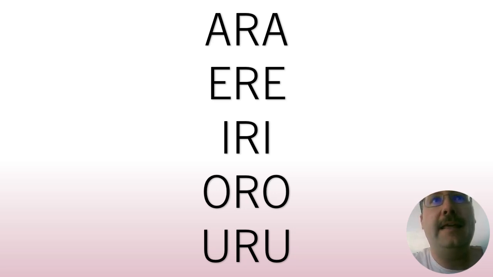Ara, ere, iri, oro, uru. So you still flip your tongue and touch the top of your palate. If you want to be a perfectionist like me, it's good to try to pronounce this letter the way it should be.